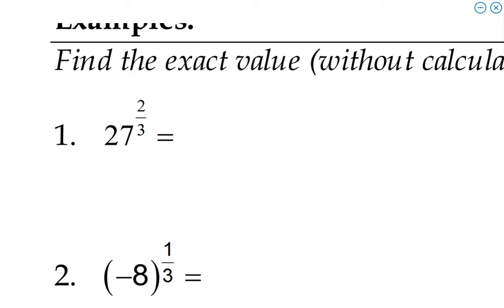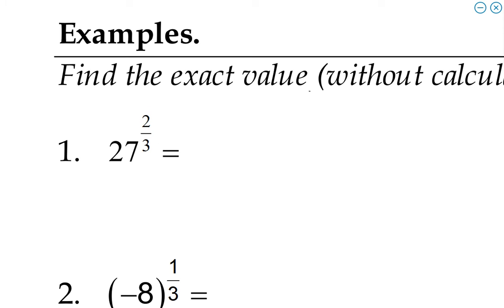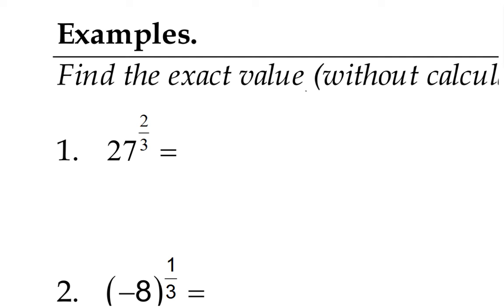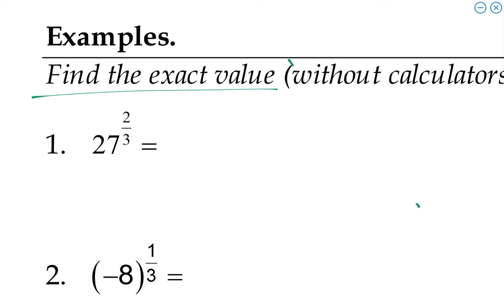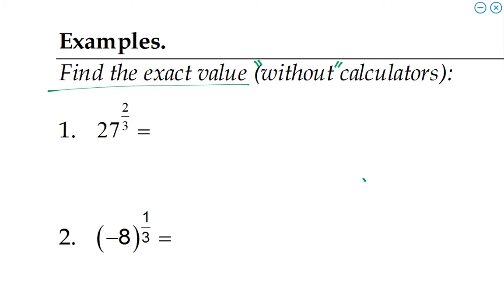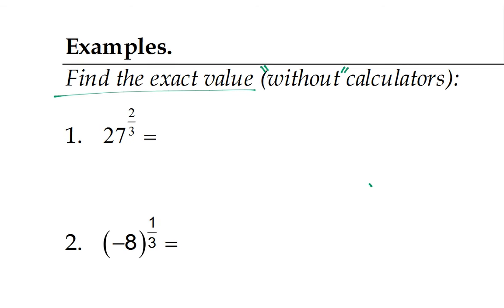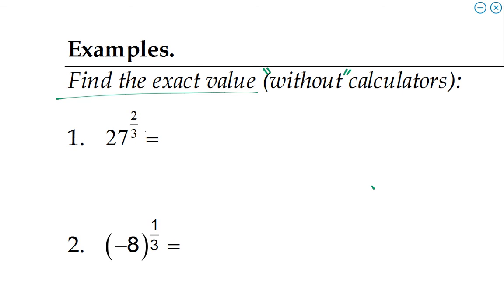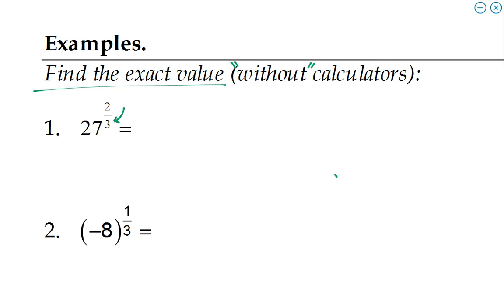So they want us to find the exact value. So we've got to get an answer without the calculator. So yikes, this looks crazy, but it is doable. So let's try it out. 27 to the 2/3. Identify that the denominator is the index of the radical.